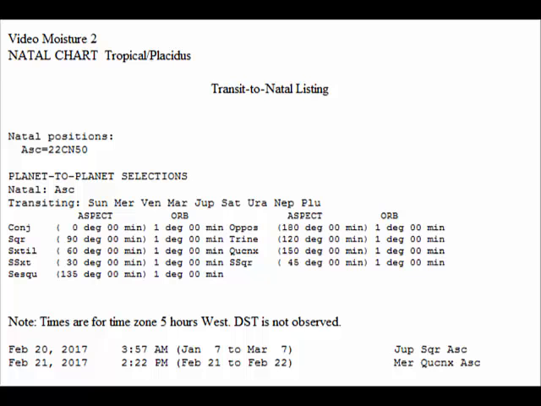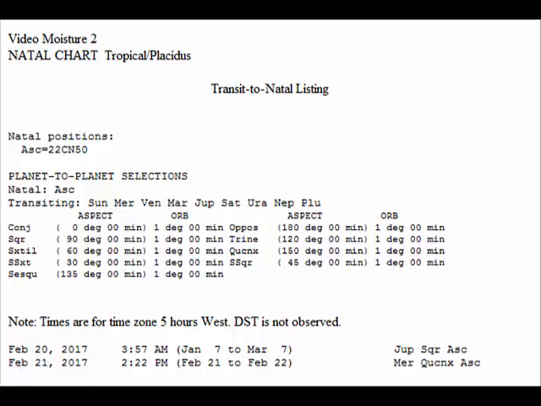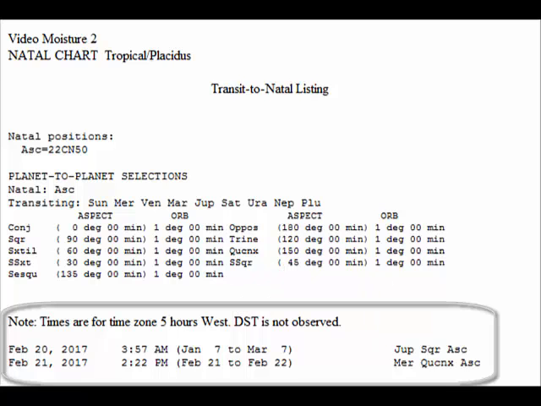Here is the report, and it shows in the top part all the aspects from the conjunction right down to the 45 semi-square, 1 degree orb. And the bottom are the aspects in effect for that time period, which for the second moisture chart is from about February 17th to the 24th.